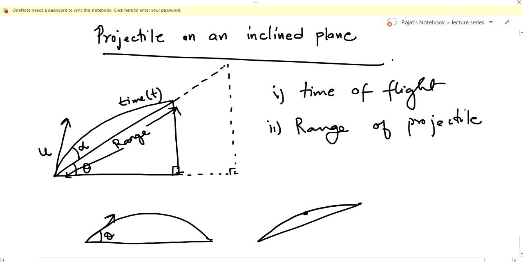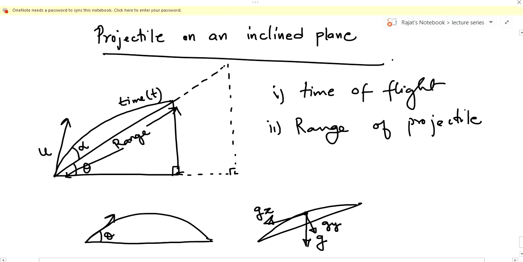The force of gravity is acting downwards, and this acceleration will have two components. One component will be acting along the plane. Let us call this gx, and another component of acceleration will be acting perpendicular to the plane.